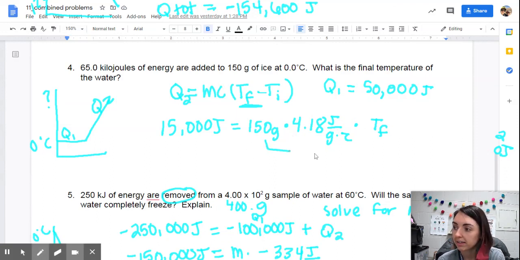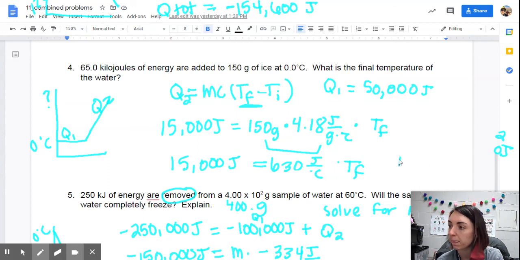You would just multiply these two numbers together, which would give you 630 joules over degrees Celsius, technically, as your units there, times T final equals 15,000 joules. Divide both sides by 630, and we get T final is equal to 24 degrees Celsius.